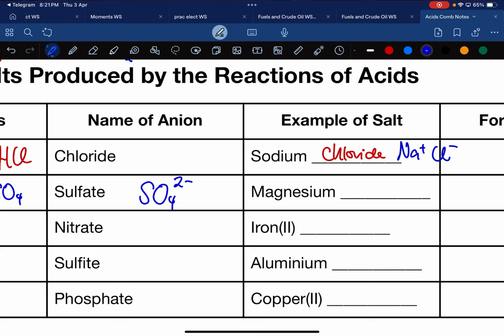Which one is the salt name? Example of salt: sodium chloride, magnesium sulfate.